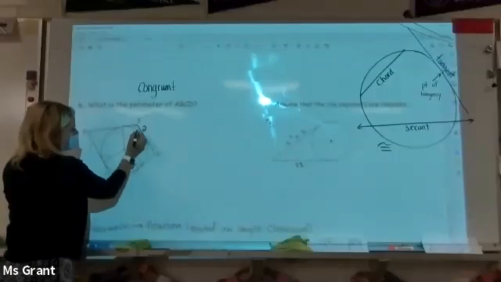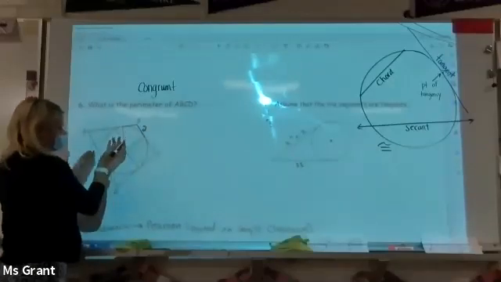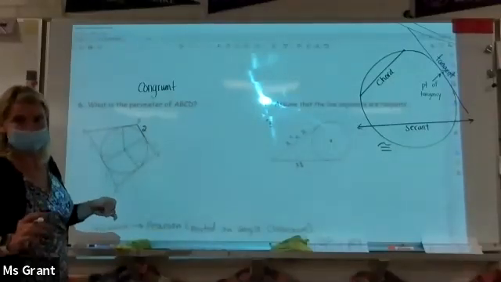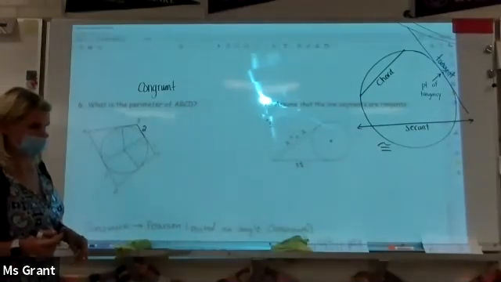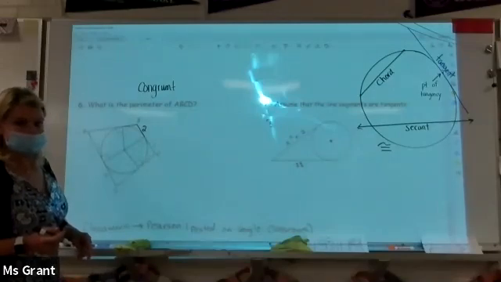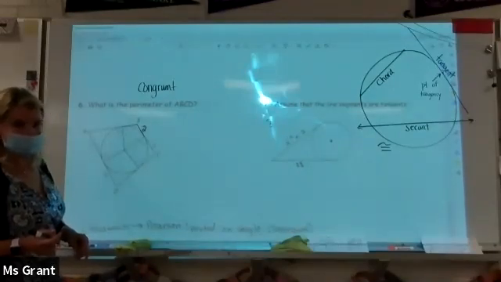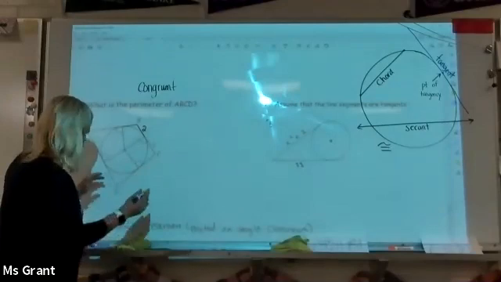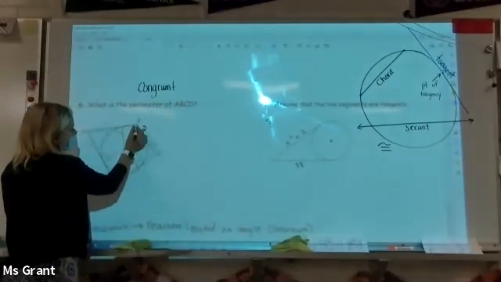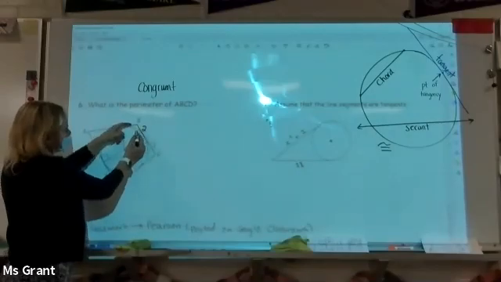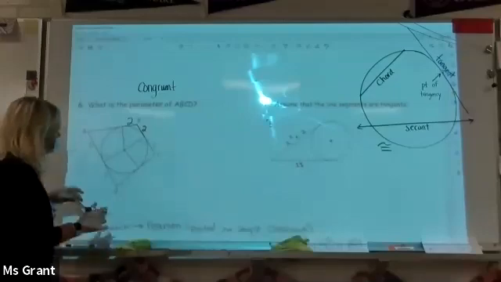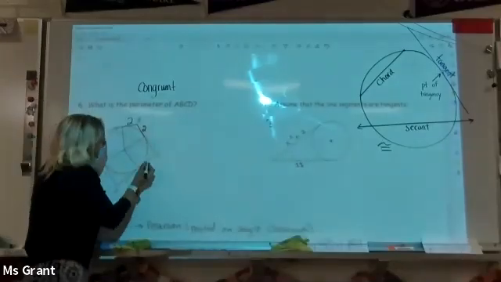Tangent lines. If this segment is 2, what's this segment? This tangent line is 2. What's this tangent line that's connected to it? 2. Easy, guys. Let's go clockwise around the circle.